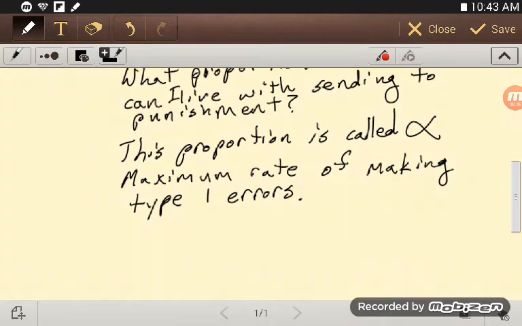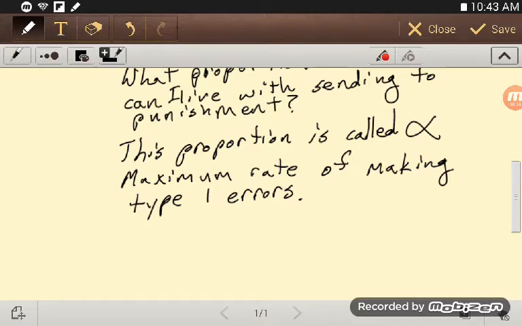Now, for something like juries and murder trials and so forth, we say beyond a reasonable doubt. Well, that's not really quantified, so I don't really know what that is. Maybe that's 0.1% of the time, 1 out of every 1,000. Maybe it's 1 out of every 1,000,000. Maybe it's 1 out of every 100. I don't know.